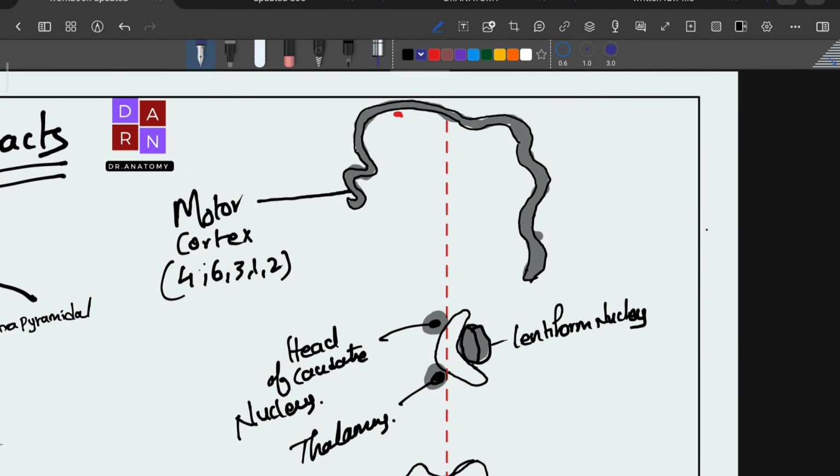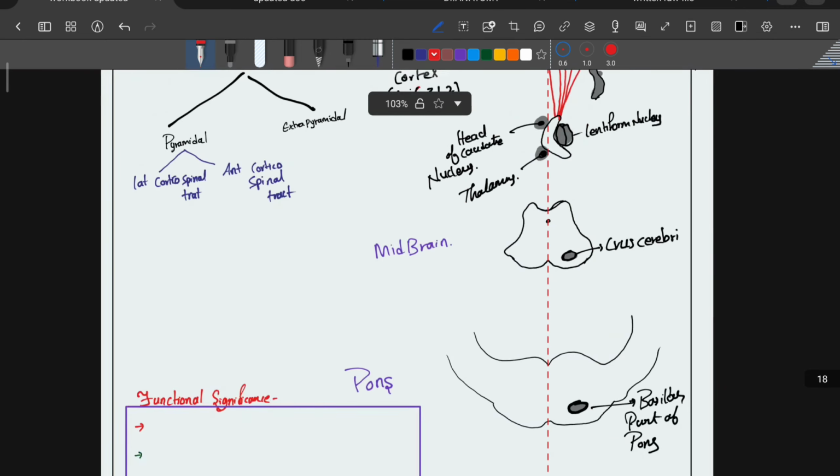It starts from the motor cortex, areas 4 and 6, with fan-like projections.